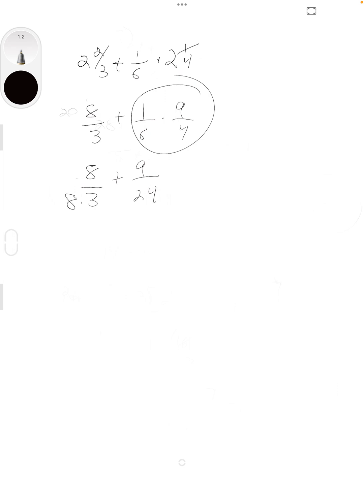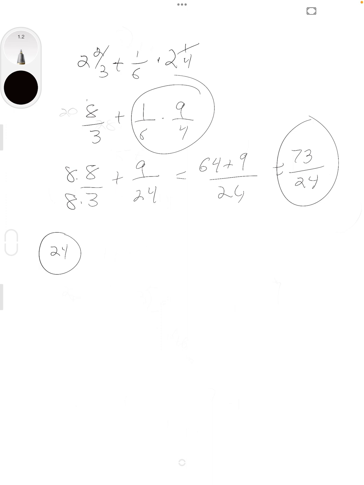Okay, so let's first of all make this 8/3 plus 1/6 times 9/4. PEMDAS says do that first. So it's 8/3 plus 9/24. Common denominator would be multiply top and bottom times 8. And I end up with 8 times 8 is 64 plus 9 over 24. So 73 over 24. Answer.